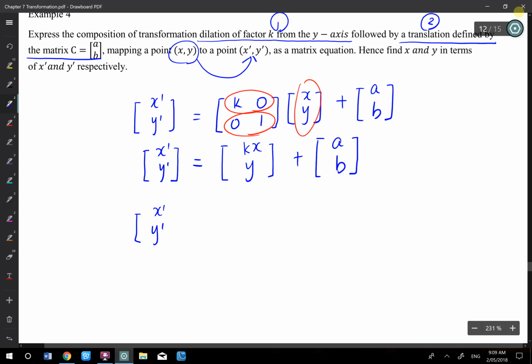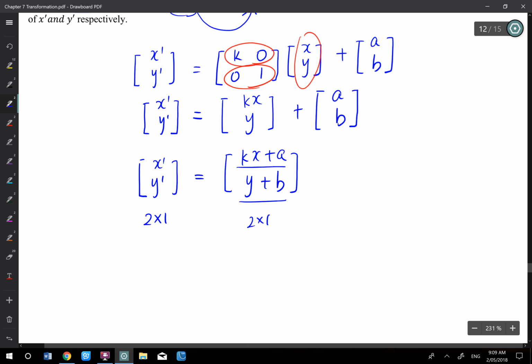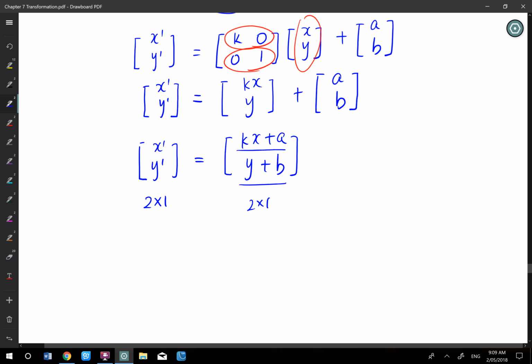So (x', y') equals (kx + a, y + b). Just add them. Each becomes one number, so that's a 2 times 1 matrix. So the conclusion we have is x' equals kx plus a and y' equals y plus b.